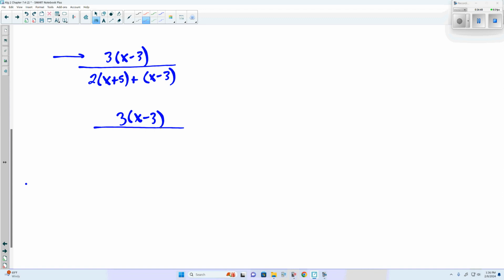But if we look at the denominator, I have x, I have numbers, I have stuff that could possibly combine. So we have to distribute this here. 2 times x is 2x. 2 times 5 is 10, plus x minus 3.